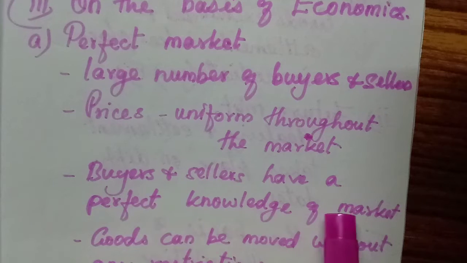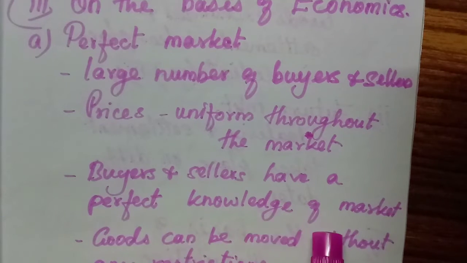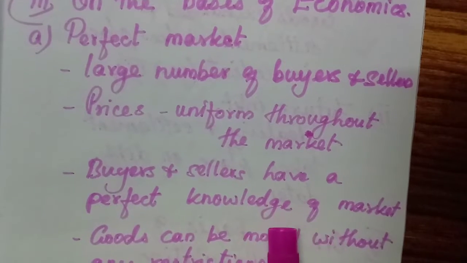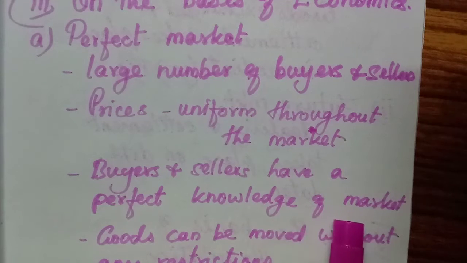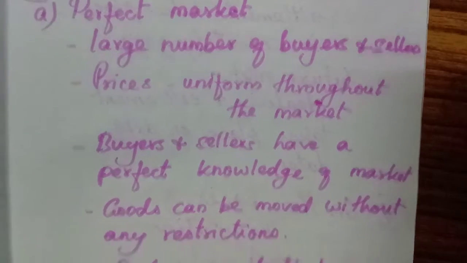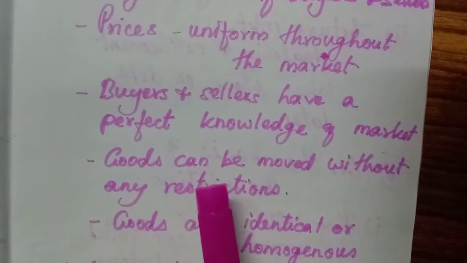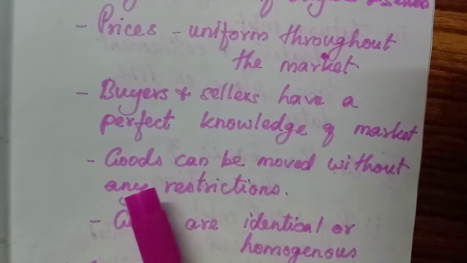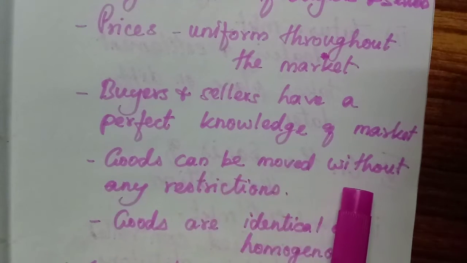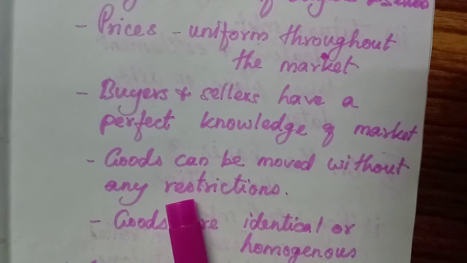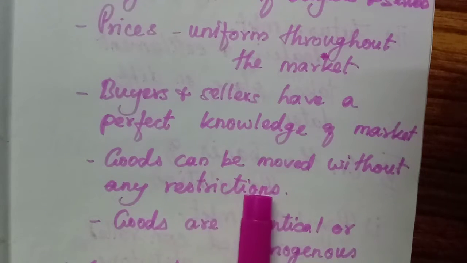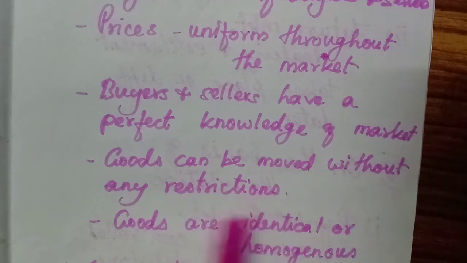Then the buyers and sellers have perfect knowledge about the market, meaning the products available, everything. Then goods can be moved in the market without any restrictions.